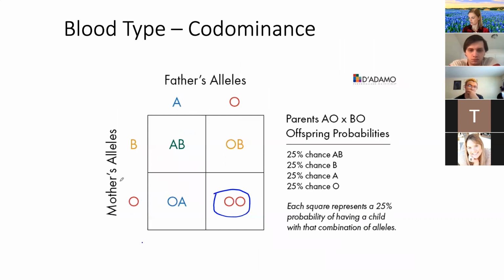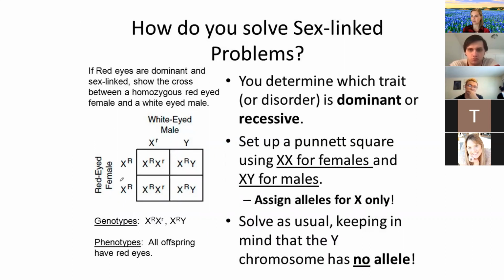If we look at the female who is homozygous dominant for red eyes, we would put the capital R there. This isn't the most exciting Punnett square because it's going to give us all offspring with red eyes.